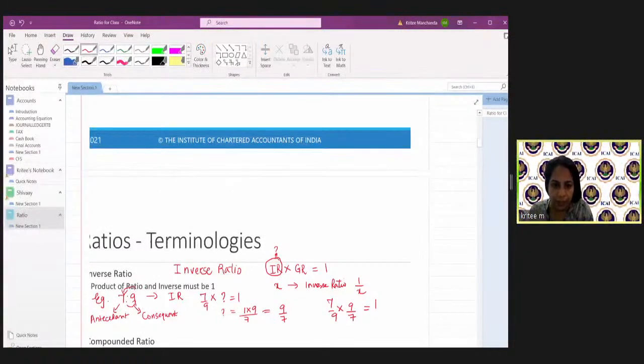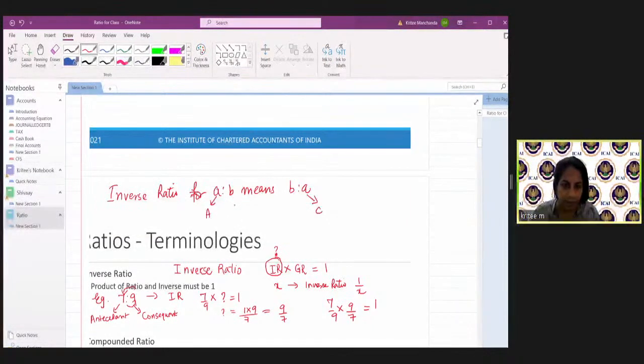So again, if I have to give a generalized version, an inverse ratio for A is to B means B is to A. That is, my antecedent becomes the consequent here, and the consequent here becomes the antecedent.